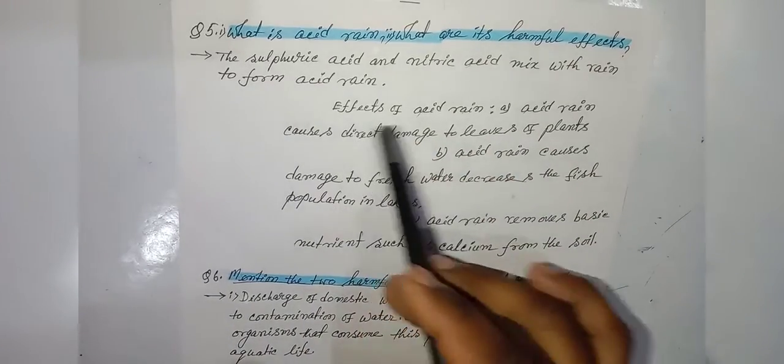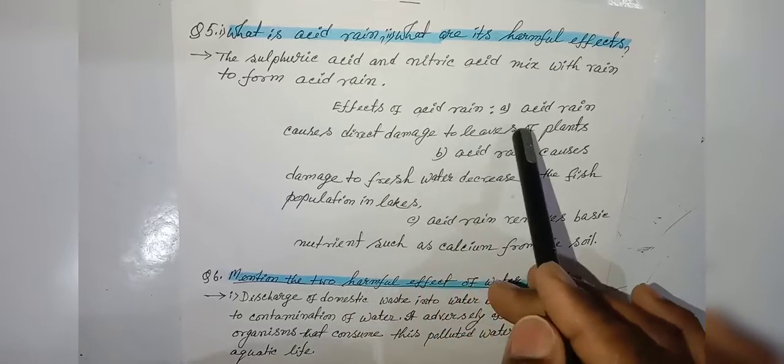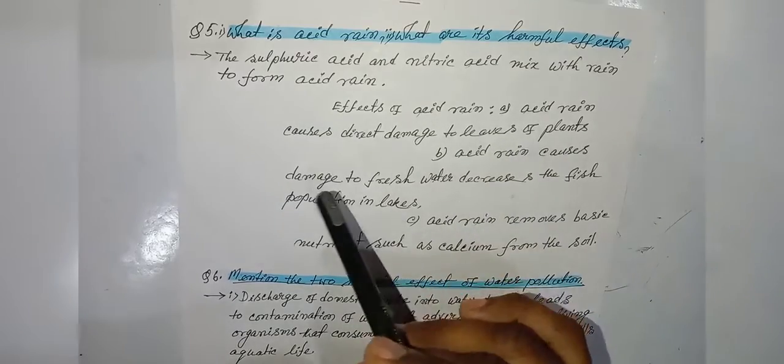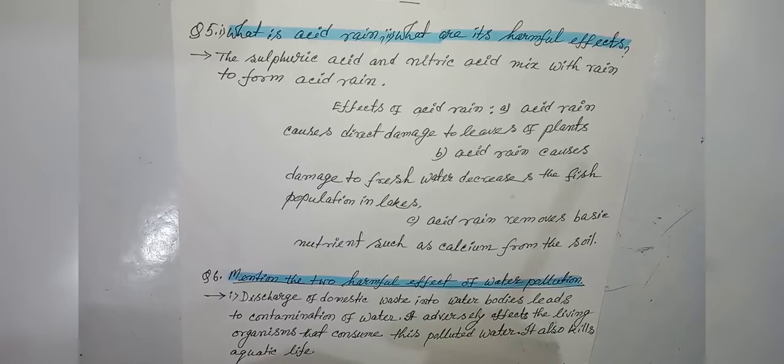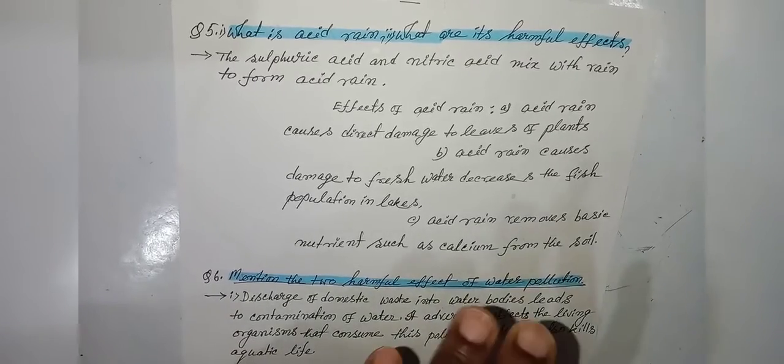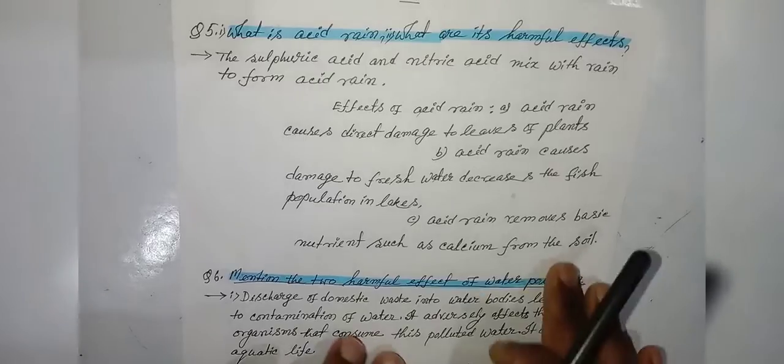Harmful effects of acid rain: first, acid rain causes direct damage to the leaves of plants. Acid rain damages fresh water and decreases the fish population in lakes. Acid rain removes basic nutrients such as calcium from the soil. Calcium is a most important component of the soil.